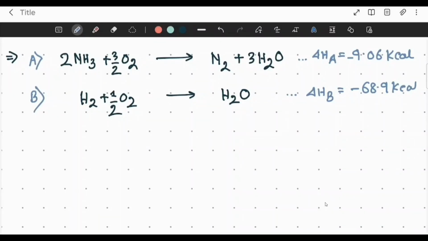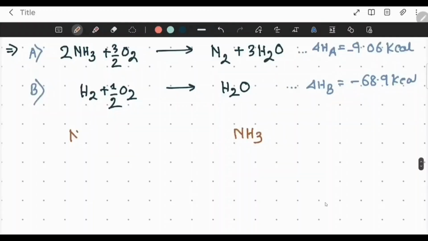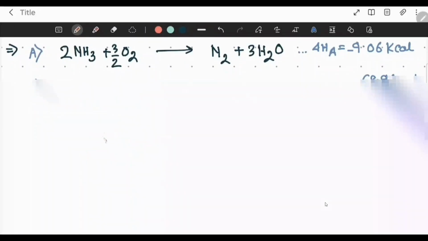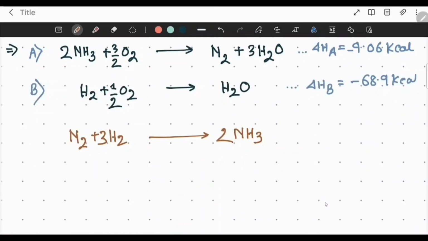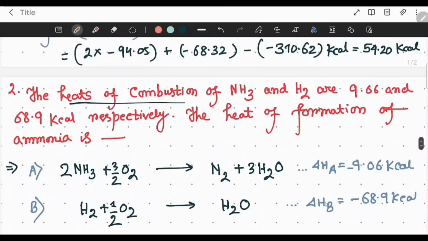Now these are given, and we have to find the heat of formation of ammonia. For ammonia, we have to form it from nitrogen and hydrogen. We just have to balance this equation. It will be 2, and 3. This is the Haber process. But we have to keep in mind that for each case we have to consider 1 mole of the species, because these are molar heats of combustion.